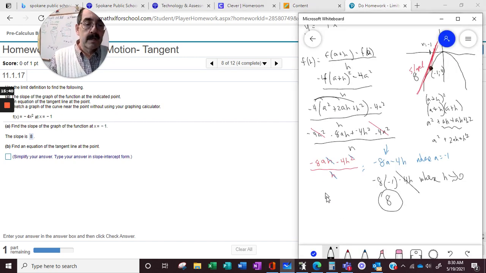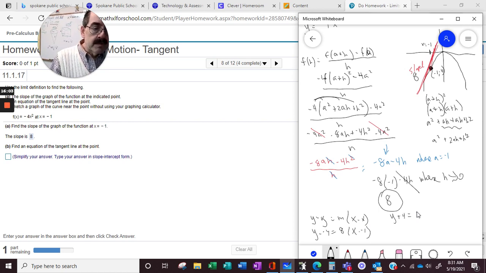The equation of the line is y minus y1 equals the slope times x minus x1. So y minus negative 4, because we got this point when we plugged it into the original equation. Slope is 8, x minus negative 1. y plus 4 equals 8 times x plus 1, which is 8x plus 8.